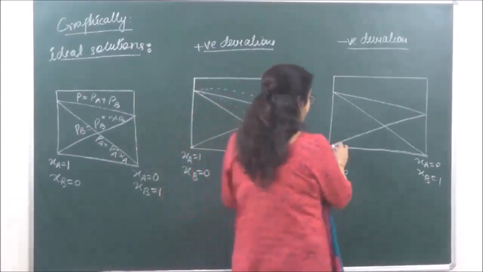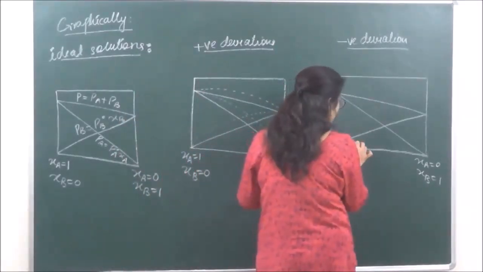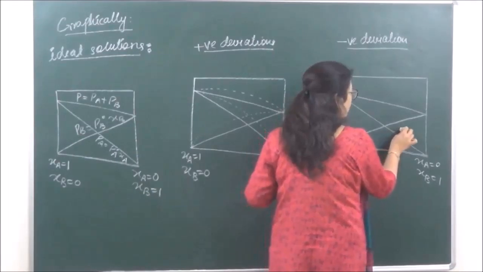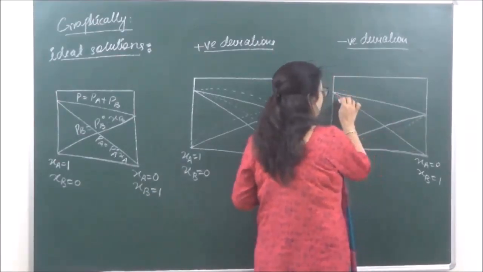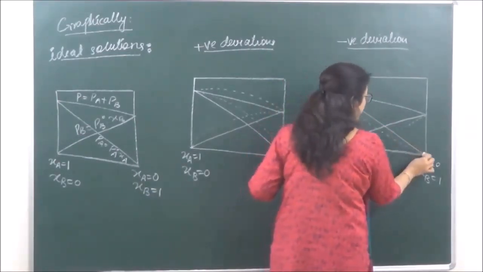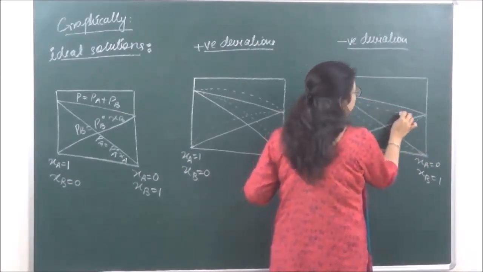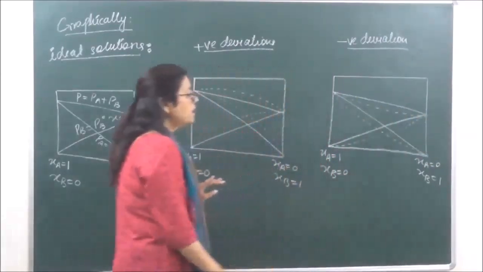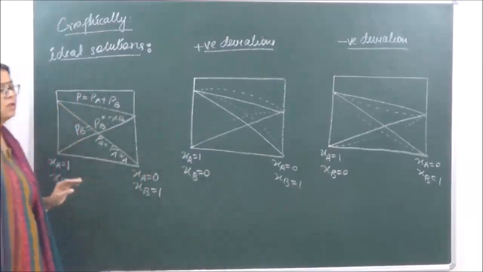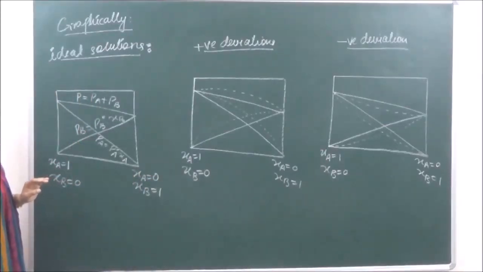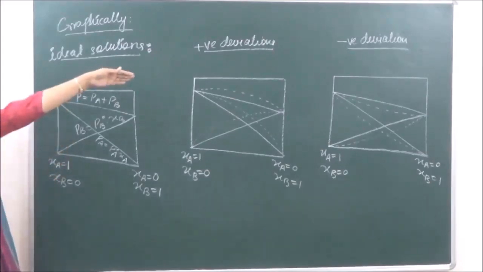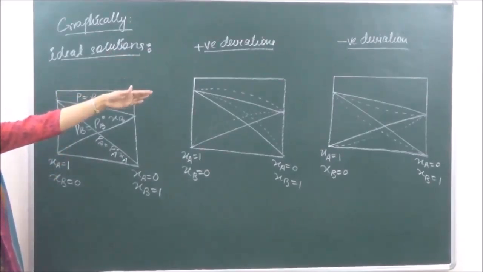For negative deviation, the graph would be shown on the lower side of the ideal behavior, as the pressure expected is less than that of the ideal behavior. So graphically we show the ideal solutions, positive deviations and negative deviations.